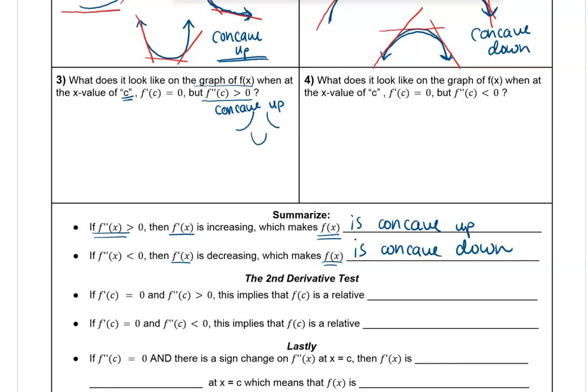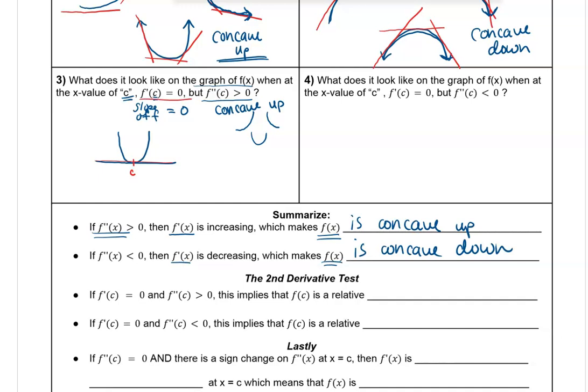And then also at that specific value for c, at that point, the first derivative, the slope of f, is 0. So that would have to be something like this, and c would be right here. The function would have to be concaving upward with a horizontal tangent line, or a 0 slope at c.